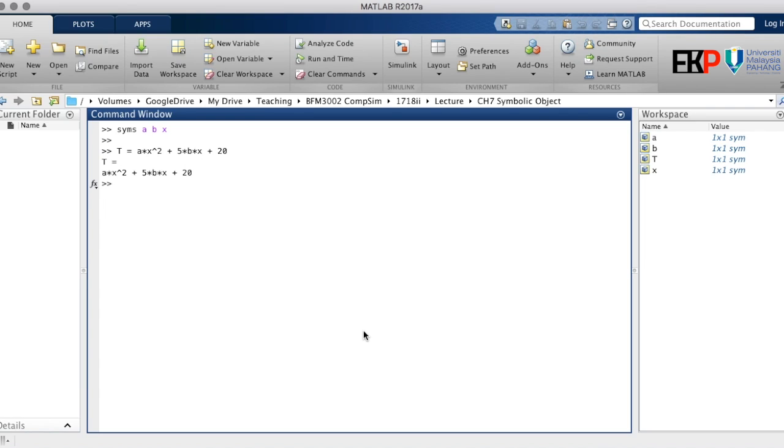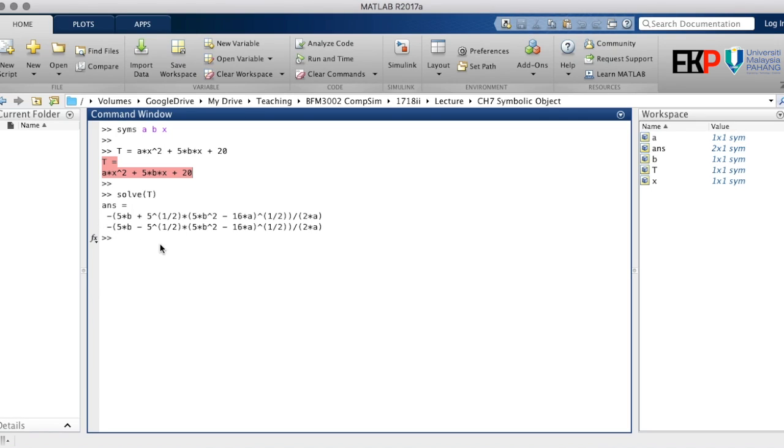So this is our expression, and let's say we do solve T. We will get these two answers here. The equation T equals 0 is solved for variable X, which is the default variable in this case. So this is solving this expression up here for X. So this will be the value of X.